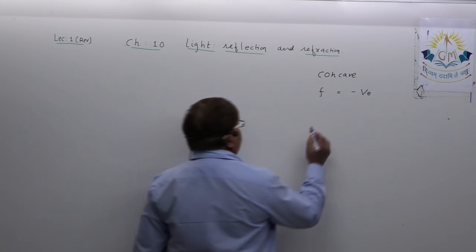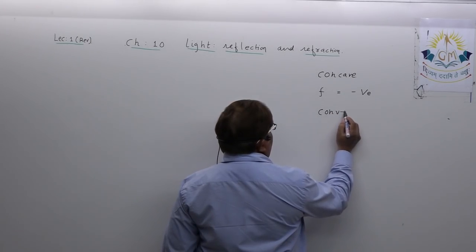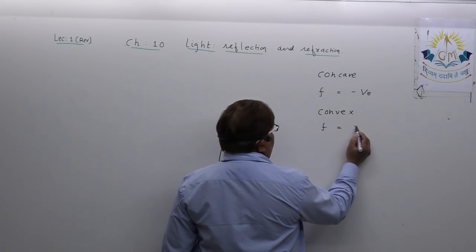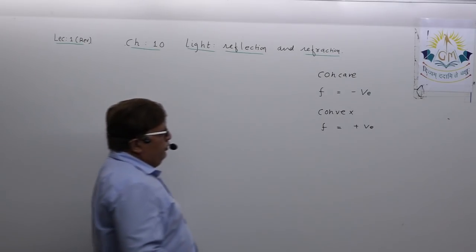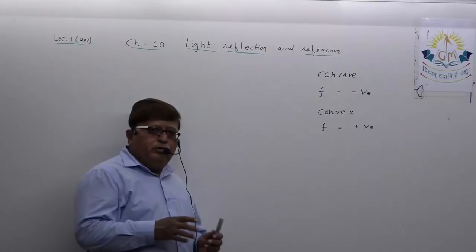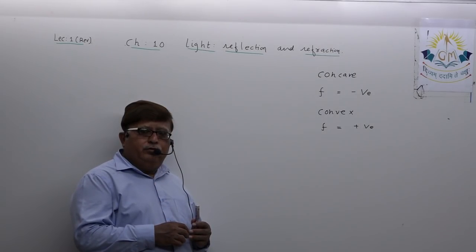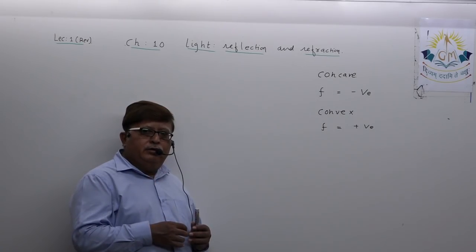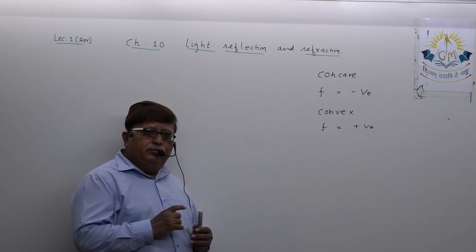But if it is a convex mirror, focal length is always to be taken positive. Some of the important aspects, some of the basic points which you need to remember when you solve any numerical regarding spherical mirror, curved mirror.